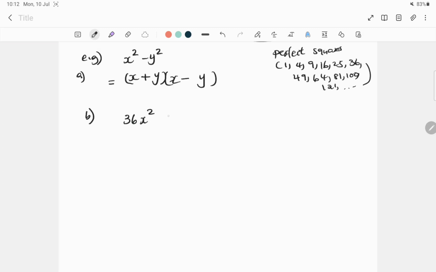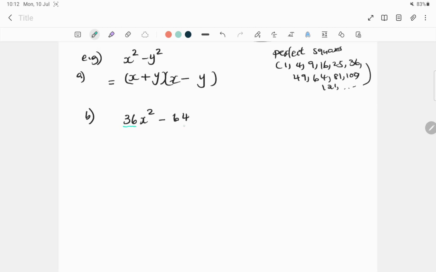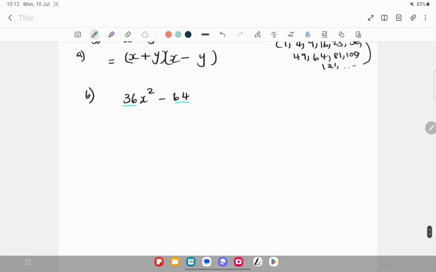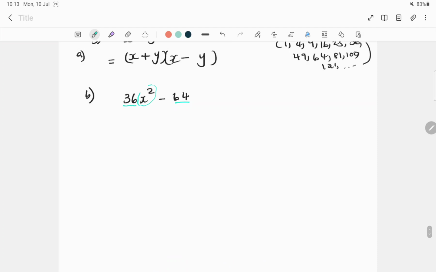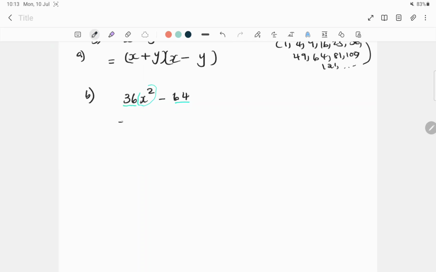36 x squared minus 64. It's difference of two squares. How do you see? I see by these perfect squares, 36 and 64, and also x squared, difference of two squares. So you're going to open two brackets also.